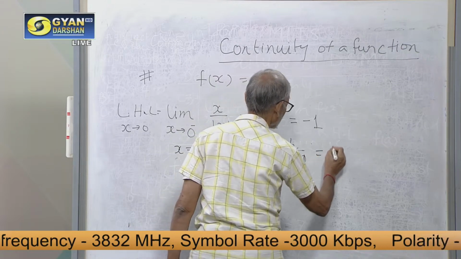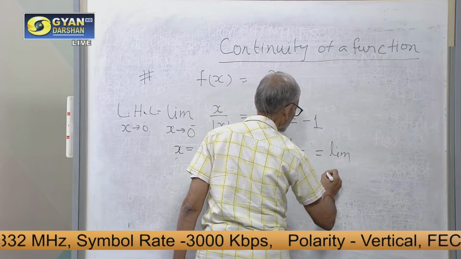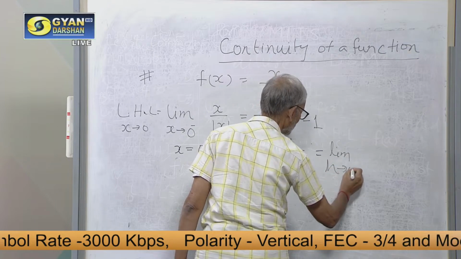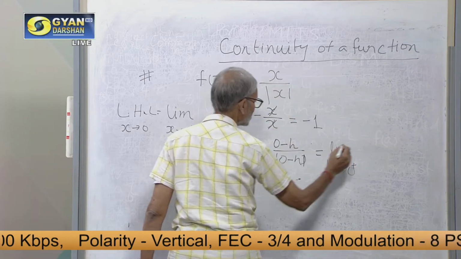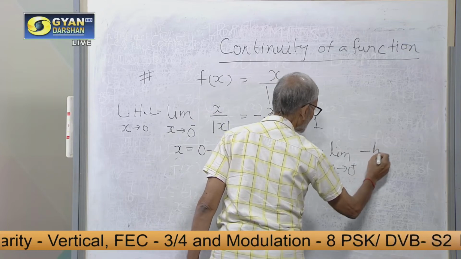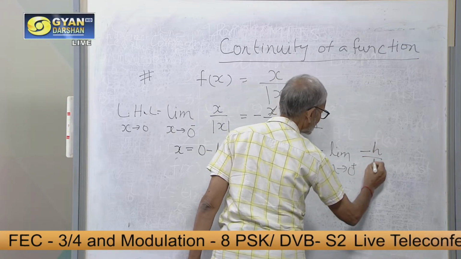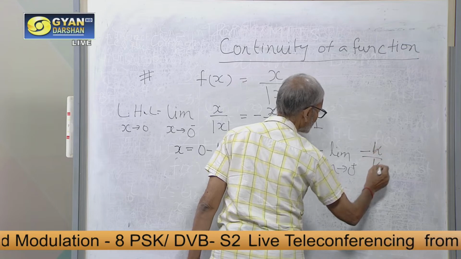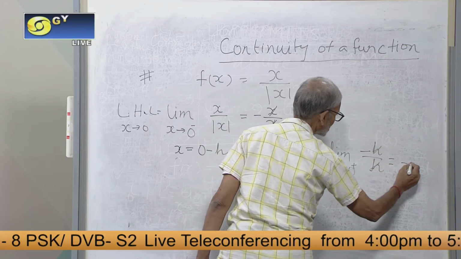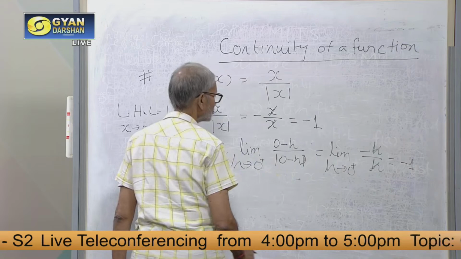So, as h tends to 0 plus, it will be minus h upon h. This will be cancelled out, this is minus 1.